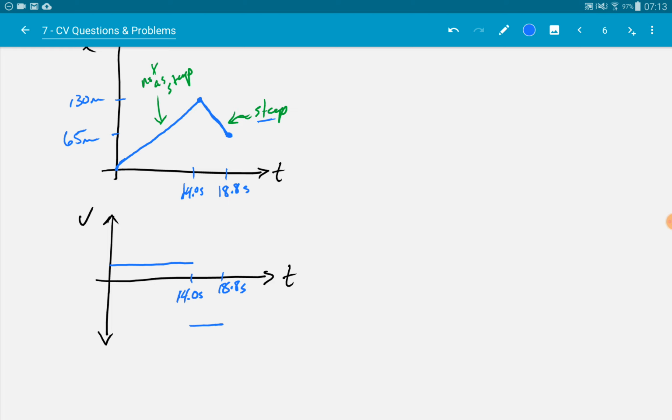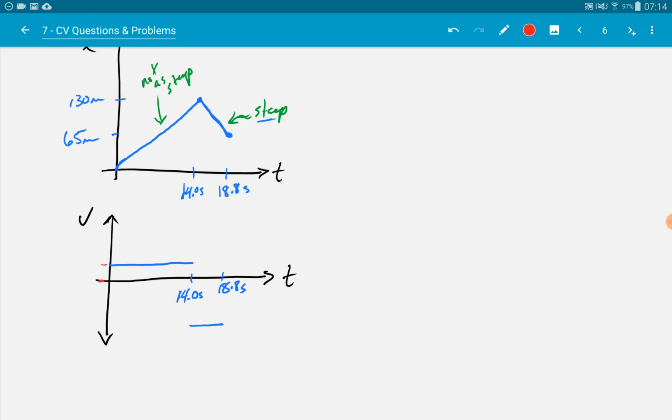And the point here is that, check this out, the height here is relatively small, and the height in the bottom one here is much larger, indicating that this is going to be a bigger number, just in the negative direction down there. So I can quickly look at this VT graph, even without numbers for my velocity, and go, oh, yeah, it goes one direction at the beginning, kind of slow, and then it goes the other direction, the opposite direction, for the second bit, and it goes much faster.